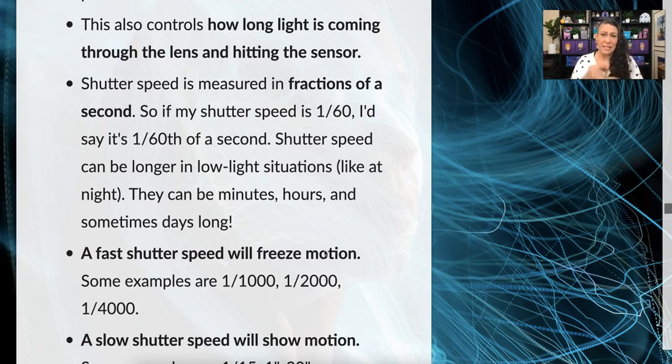A longer shutter speed is usually required for really low light situations, like at night. We usually try to stay pretty fast, but there are situations where you might need your shutter speed to be minutes, hours. I've even heard of some photographers rigging up special cameras to do days-long photography.